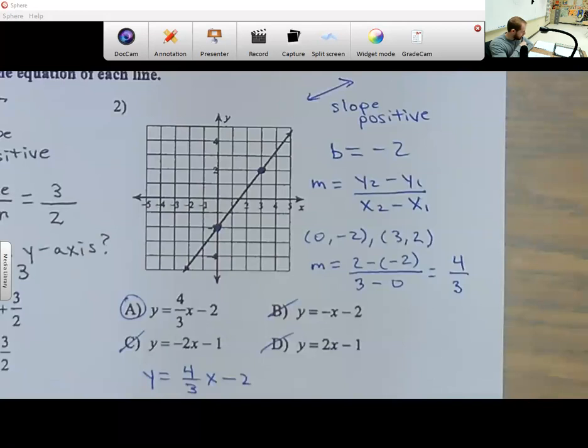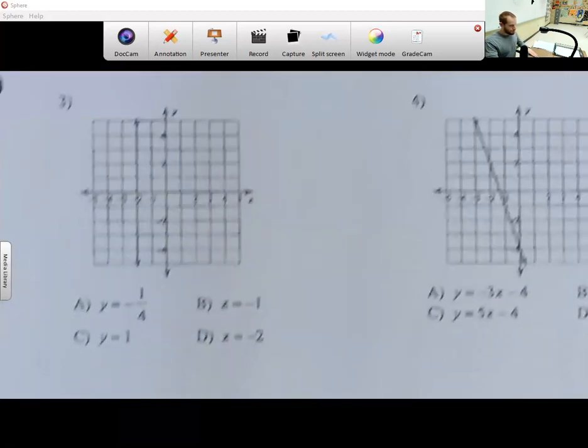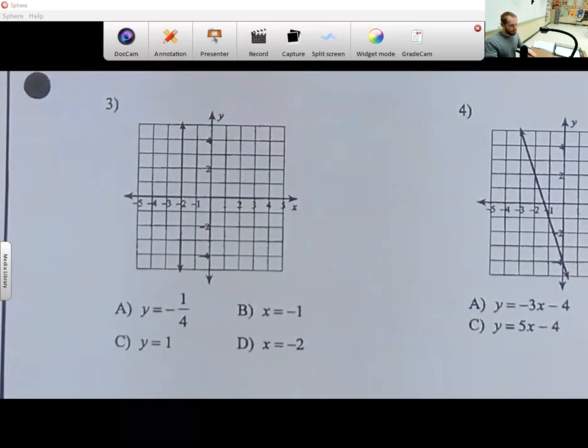The next one we're going to look at is number 3. All right, let's take a look at number 3.